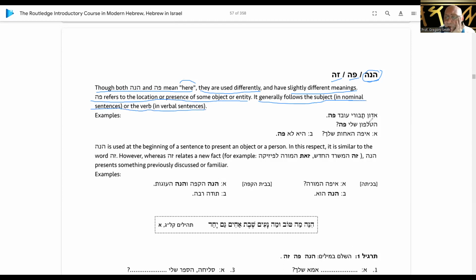Okay, for example, Adon, this looks like Taburi, Oved Po. So Mr. Taburi, probably. Adon Taburi, Oved Po.